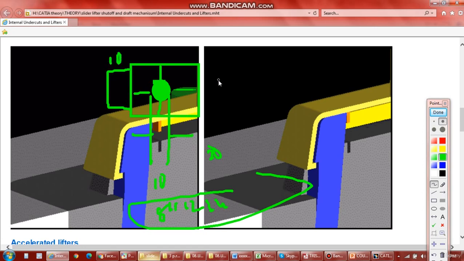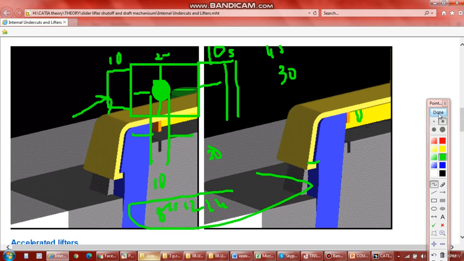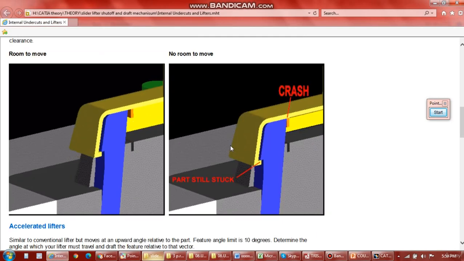So this is 10, and this is 20, 10, total becomes 30. Then how much will it come back? 10, because of this, and by keeping a 5 mm clearance, it becomes around 45 mm. So till 45 mm there should not be any other features. This is the general lifter construction we consider while designing.